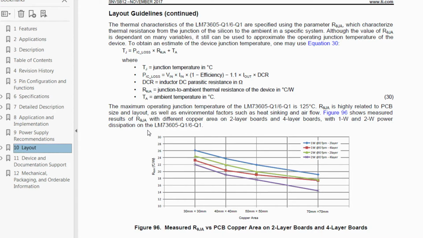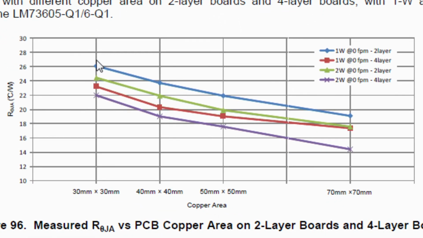So if we look on the data sheet, you can see that we have a curve of theta JA versus PCB area. And you can see that as the area increases, the impedance decreases, which translates to a lower temperature when you multiply that by the power dissipation.